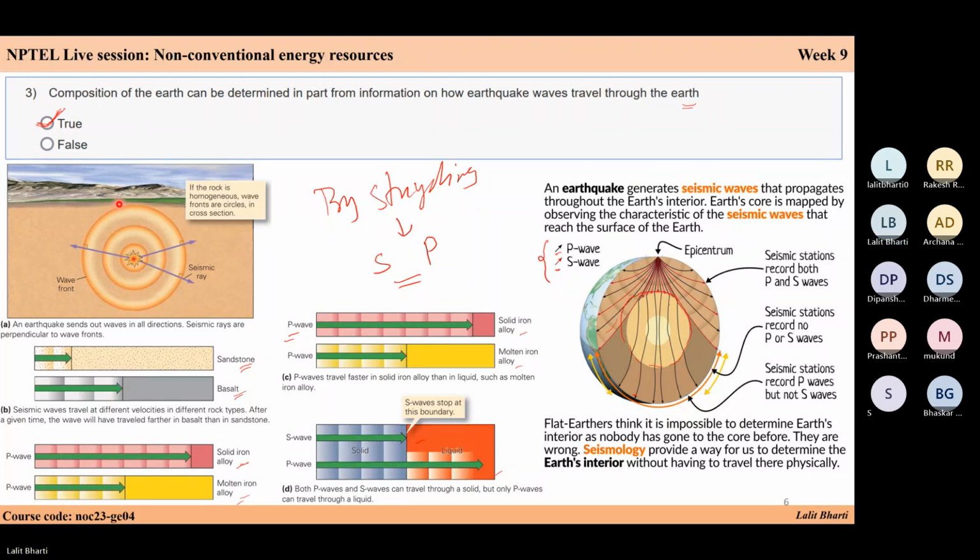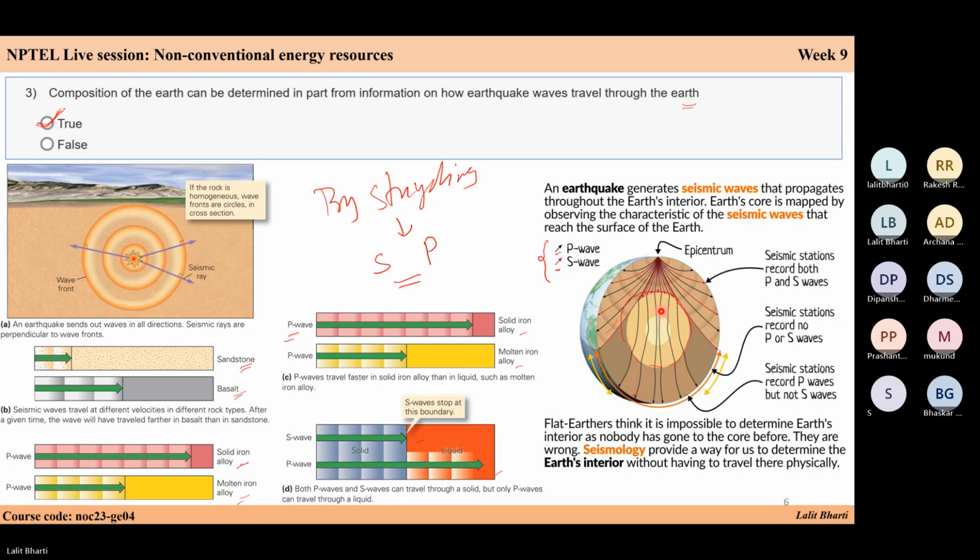This is a way to understand the structure of Earth. If someone asks how you know that Earth has this kind of crust, the liquid melt inside, and the core is something like that, and the temperatures are of this magnitude, nobody has gone to the center of the Earth, but at the present time we know the structure of Earth. This is all by analyzing the different types of waves.